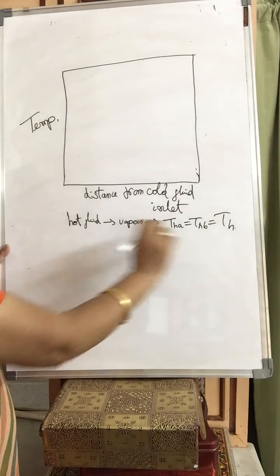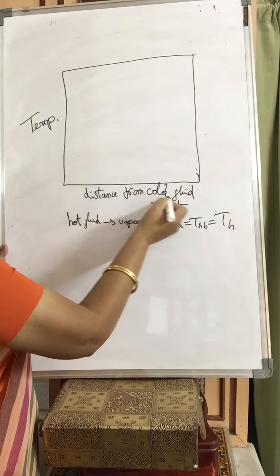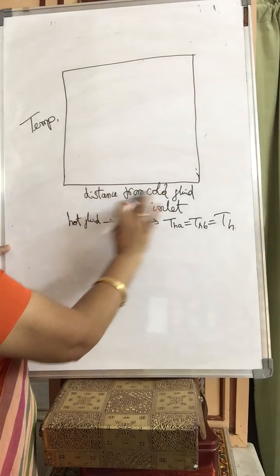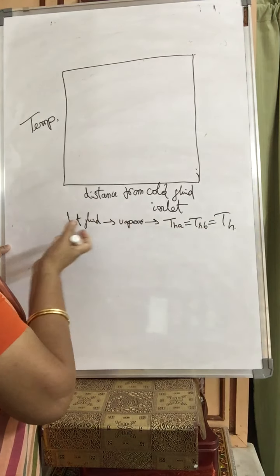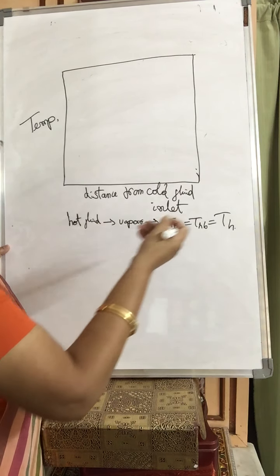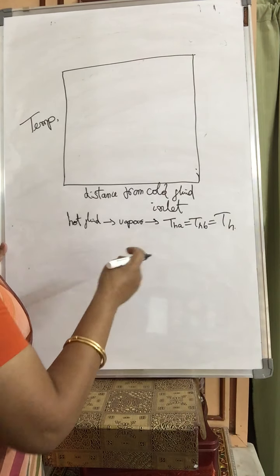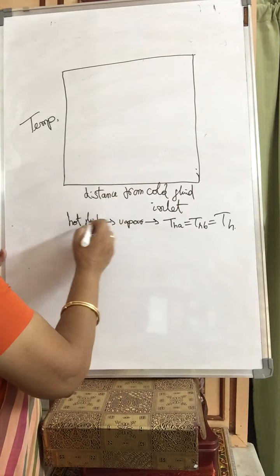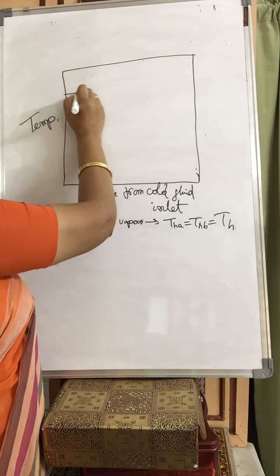This is the hot fluid. So how will you get the distance from the cold fluid inlet? What is this? It is along the length of the condenser. As the length of the condenser increases, it is like the tube length is increasing. With respect to tube length, how will the temperature of the hot fluid change? That is what we want to write here.